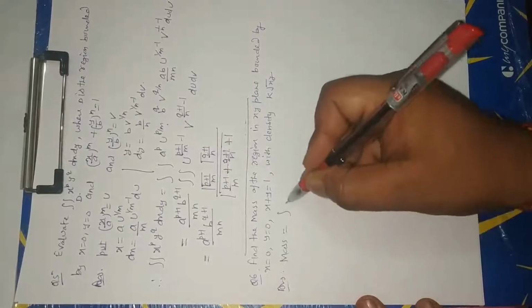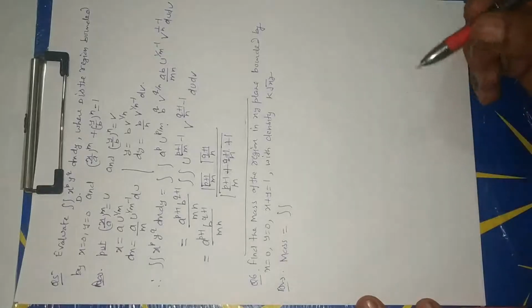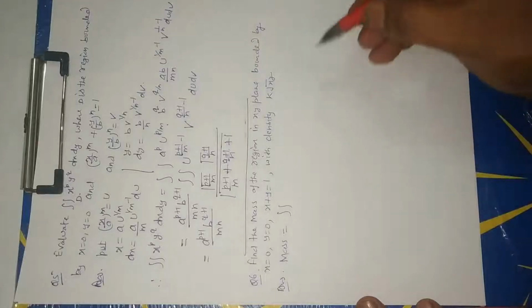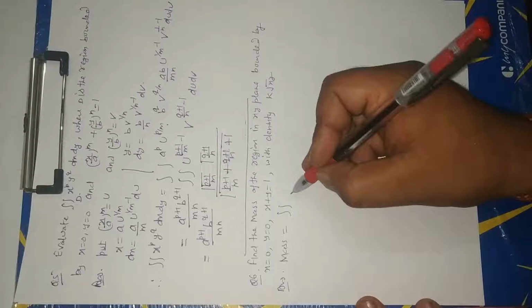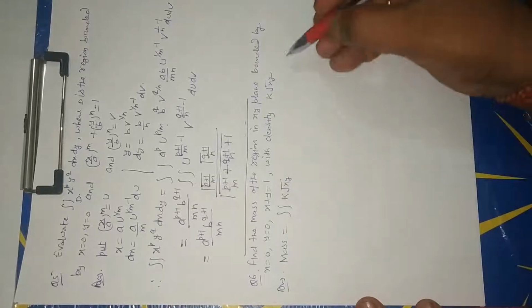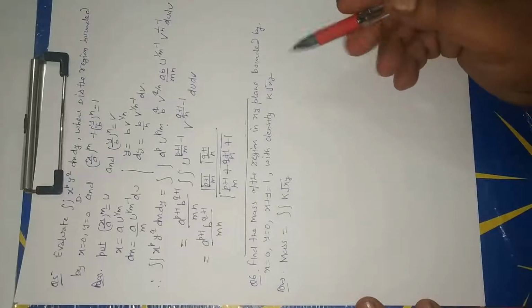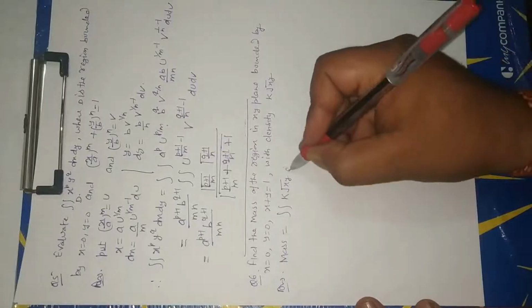The mass is equal to, in the xy plane double integration, in space triple integration, volume into density, that is k under root xy, value of density into volume. In the xy plane we take only area, that is dx dy.